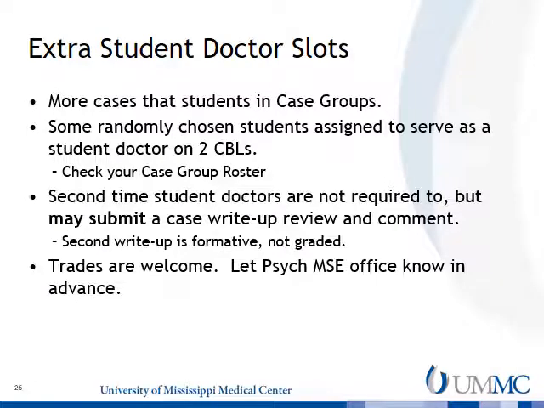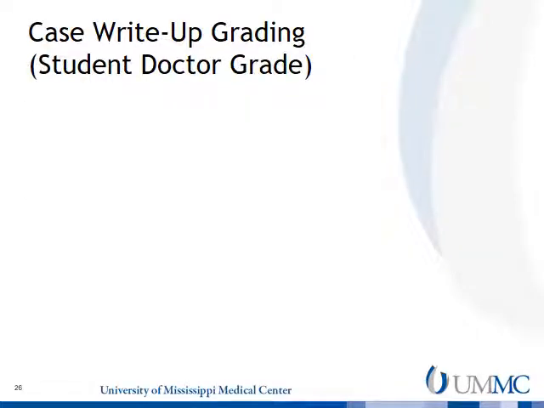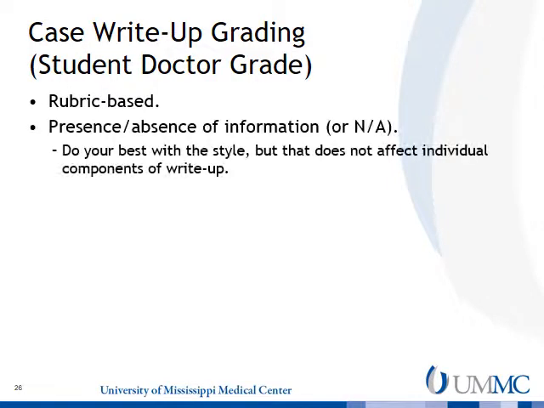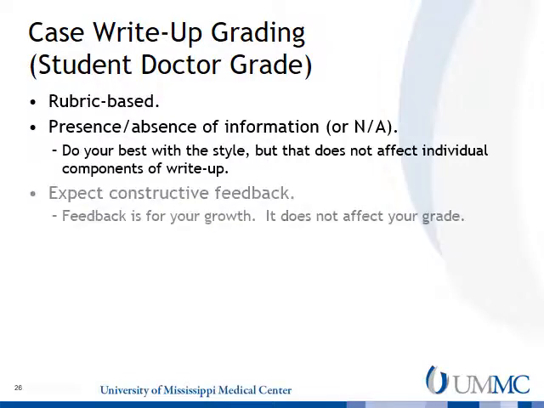The grading rubric for the case write-ups looks for the presence or absence of the necessary elements of a case note, such as chief complaint, history of present illness, etc. Do your best on the style, but that doesn't affect the scoring of the individual components of the write-up. Look for constructive criticism and suggestions for improvement.